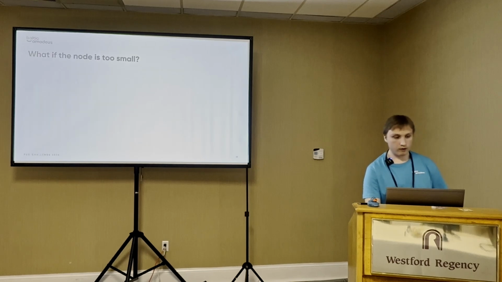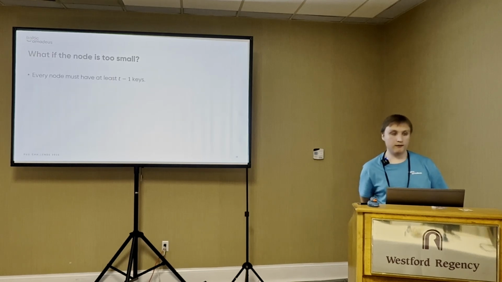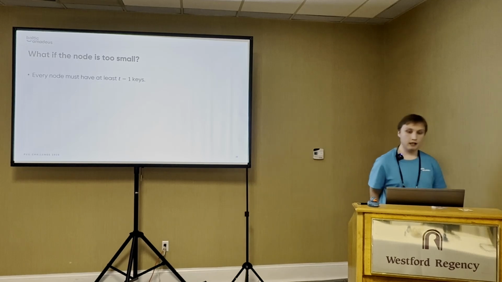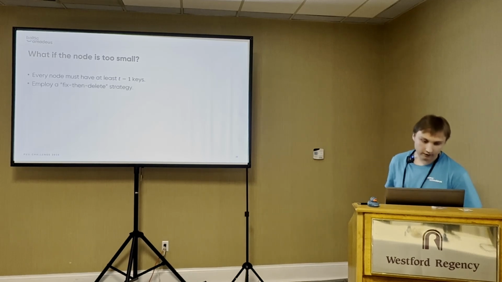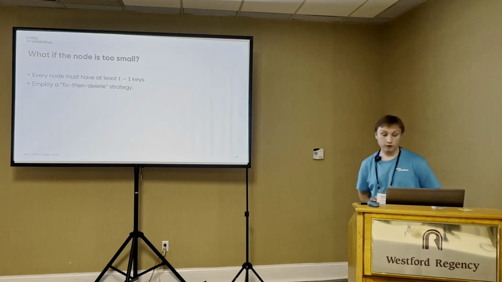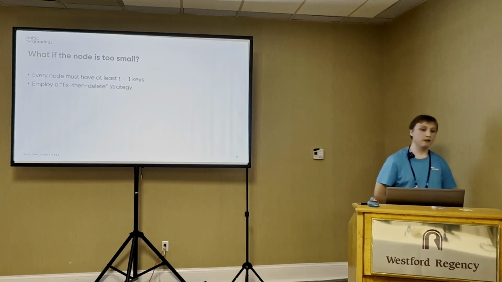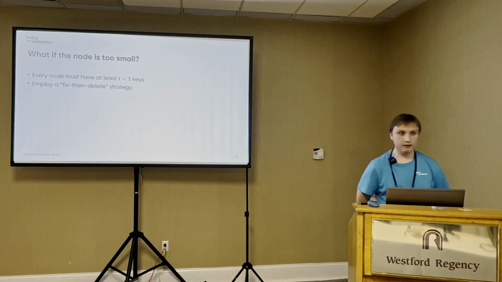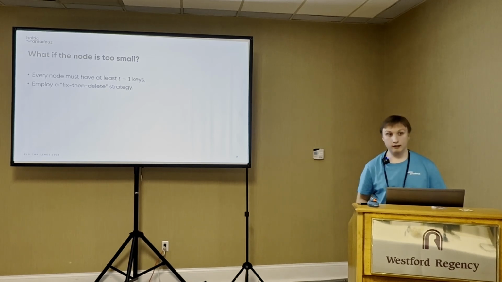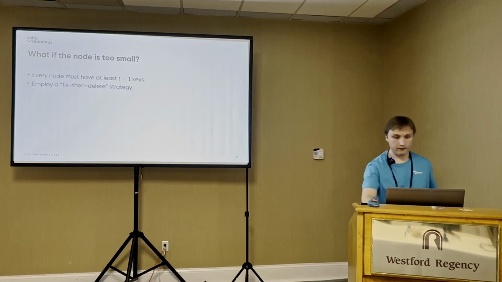Formally, that means that if it has t minus 2 keys, then it's too small, and then we have to do something about it. And the strategy that we'll utilize is pretty much the same as fix then insert. In this case, it's fix then delete. Every time we find a node that's too small, we'll fix it.